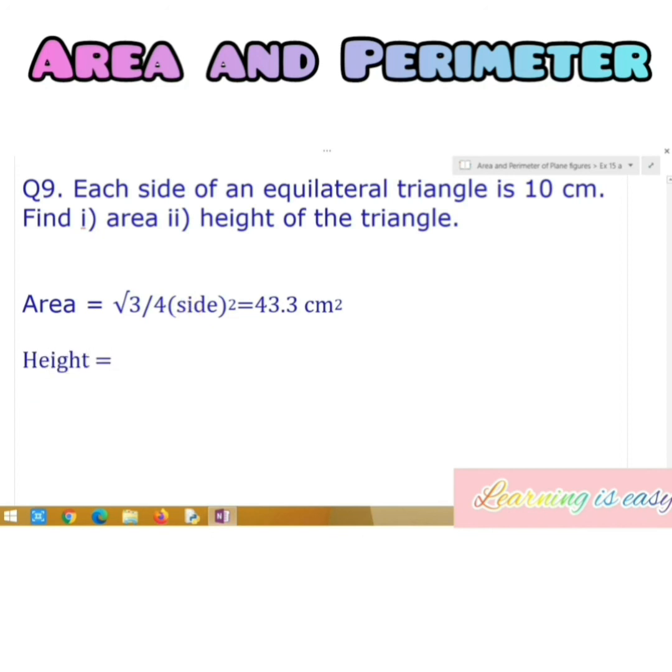Next, the height, for the equilateral triangle, that's going to be square root of 3 divided by 2 into side. So that is 8.66 centimeter.